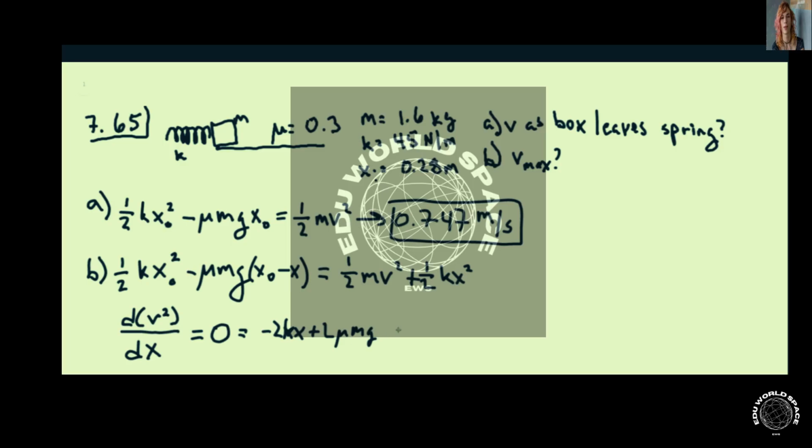And then we solve this for x max, what we'll call the position that maximizes the speed, and that will be mu m g over k. Substitute this back into the expression after you've solved it for v squared, and then you'll find that v max is equal to 0.931 meters per second.